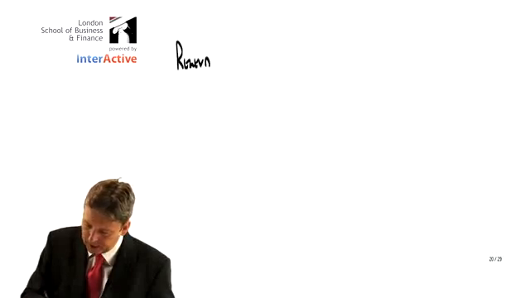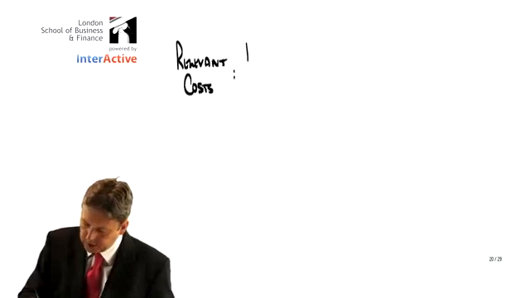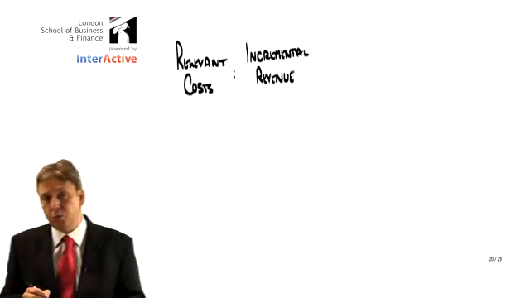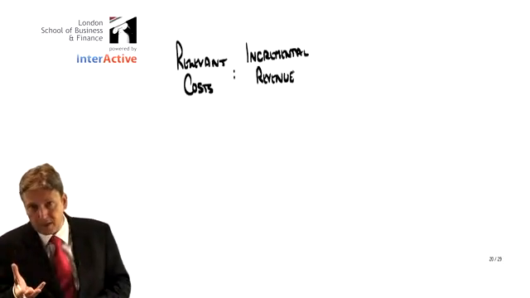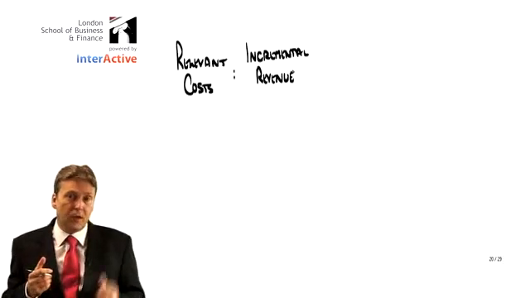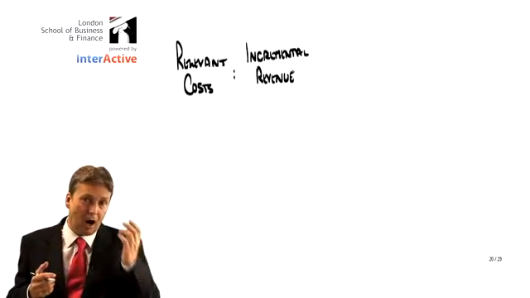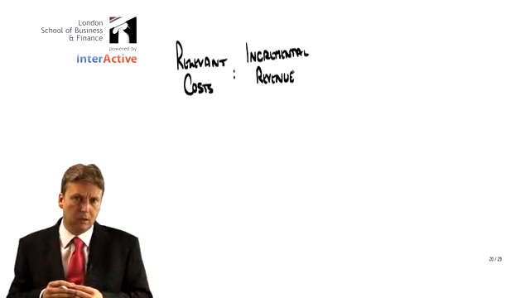Therefore, if we're looking at the relevant costs, the costs that we're interested in, we could identify the incremental revenue. Simply the difference between what we could sell it at the separation point and the higher value that we could sell at after further processing.